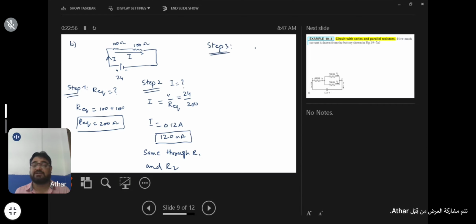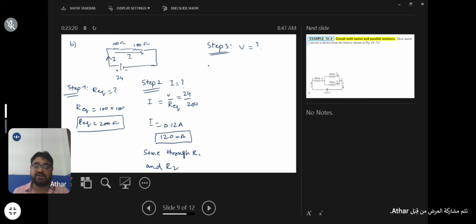Now step 3. Now I need potential. Potential here is divided equally. Finding potential is not part of the question, but I am doing it because I can give it to you in questions. If you ask for potential, you know that V is equally divided because the resistances are the same. So 24 volt will change into 12 and 12.